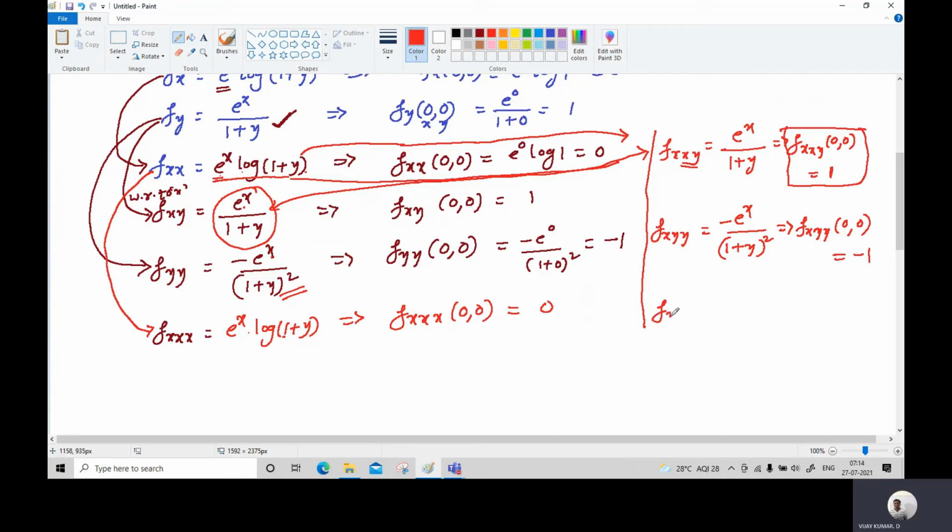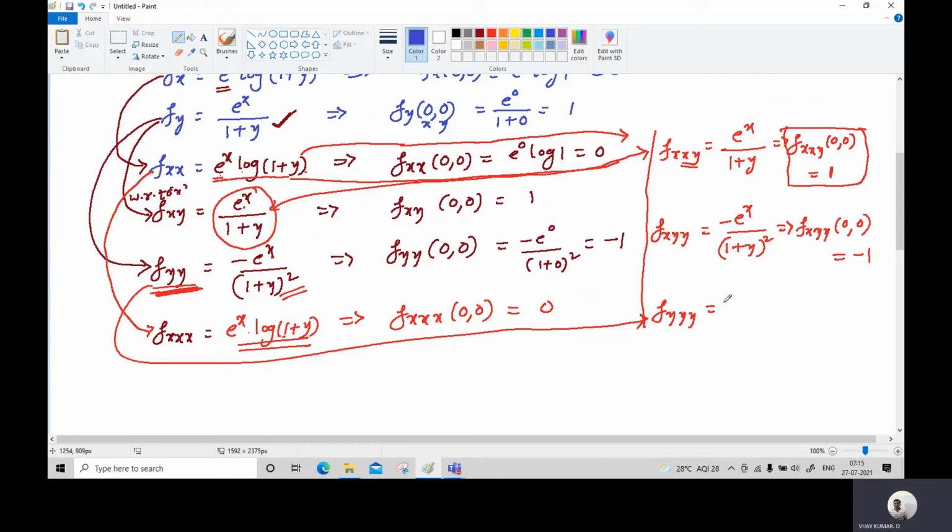And finally we have to calculate f triple y. So it's a differentiation. Already the second derivative is here. We are finding from this. Here we have the function in terms of y as 1 by 1 plus y square, whose partial derivative with respect to y is minus 2 by 1 plus y whole cube, because it is in the form of 1 by y square.